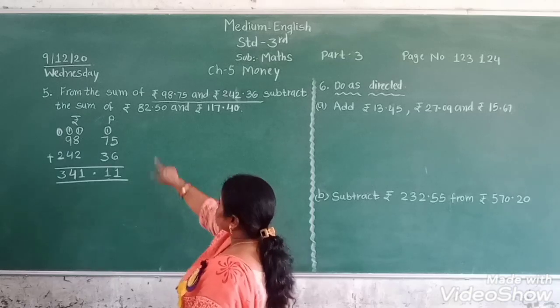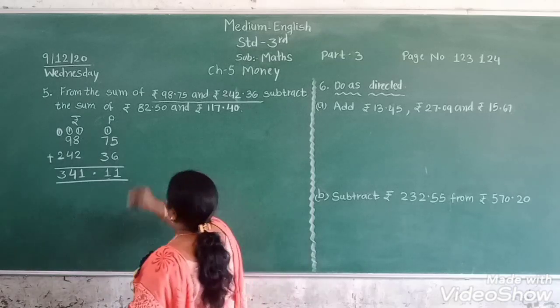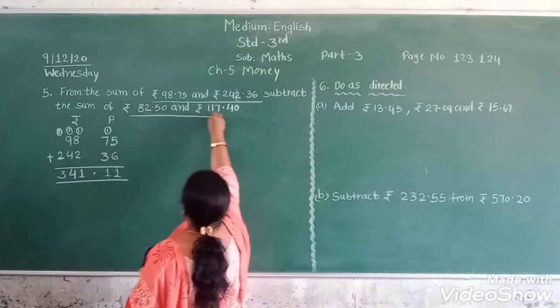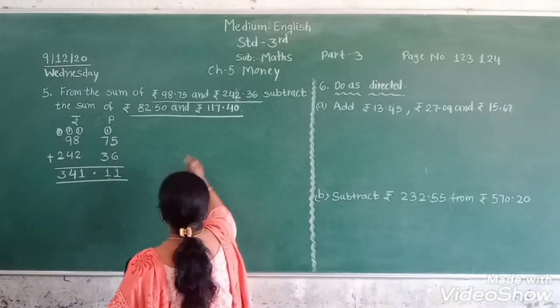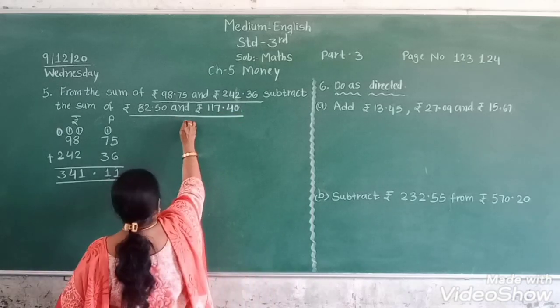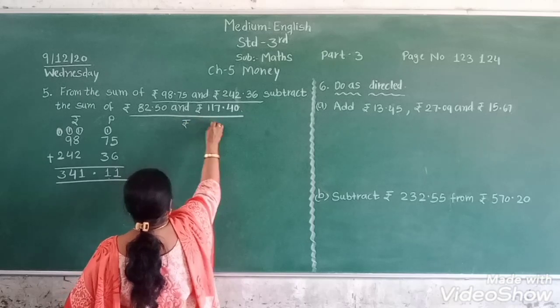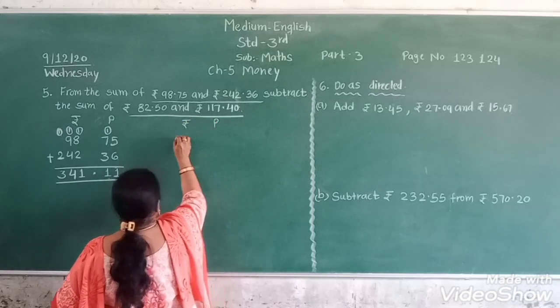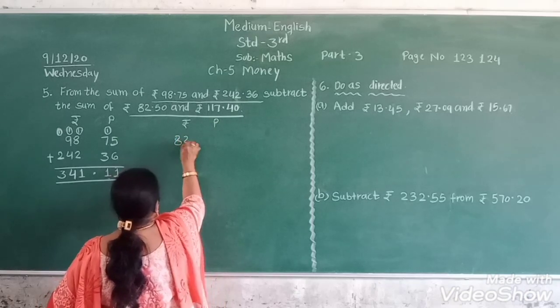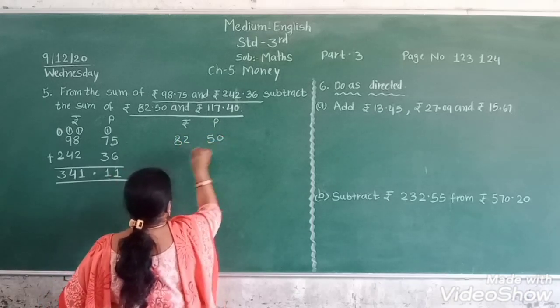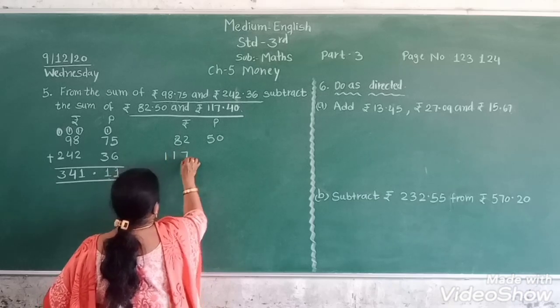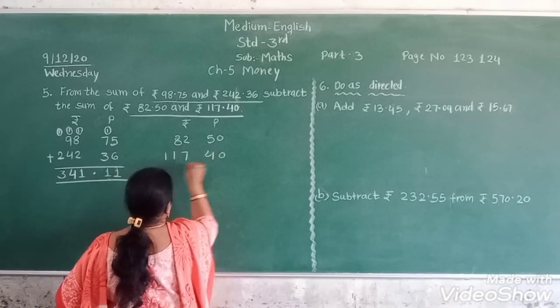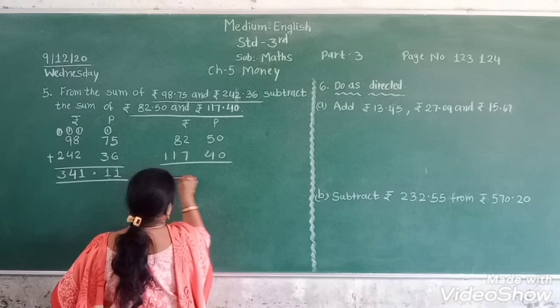Now next, the sum of rupees 82 and 170. So, we write here the second sum, 82 rupees 50 paise and 170 rupees 40 paise. Okay.